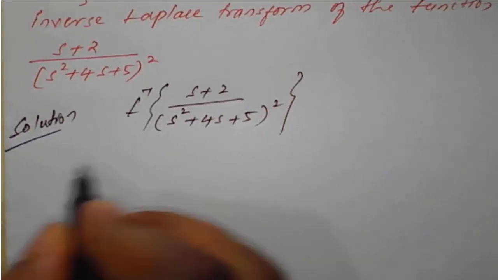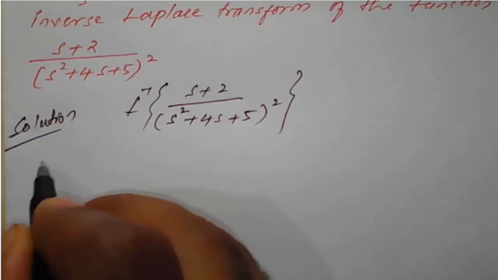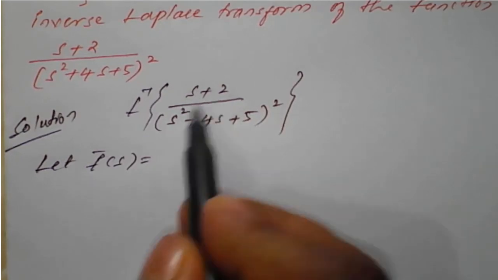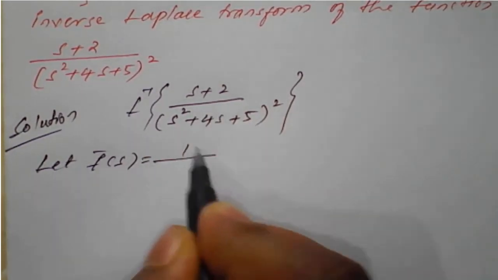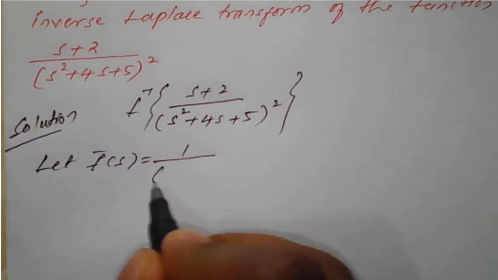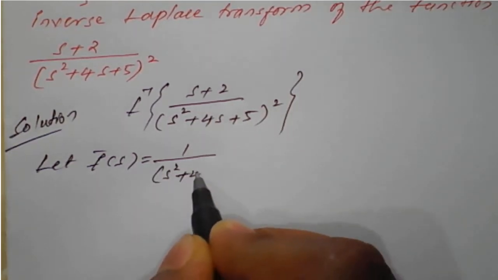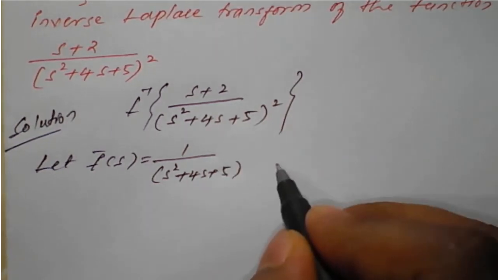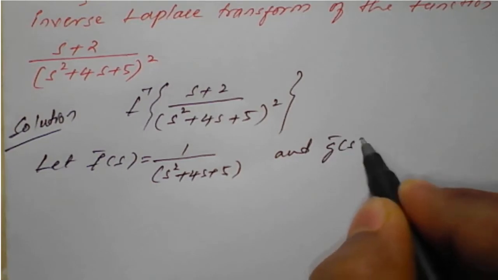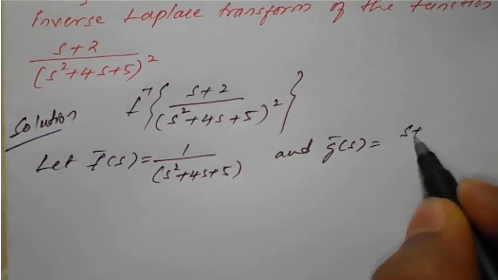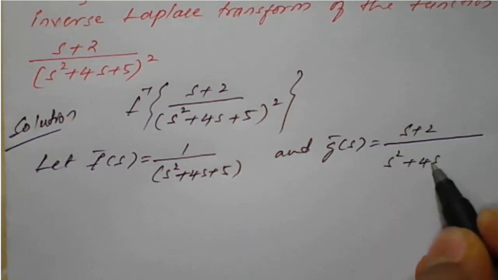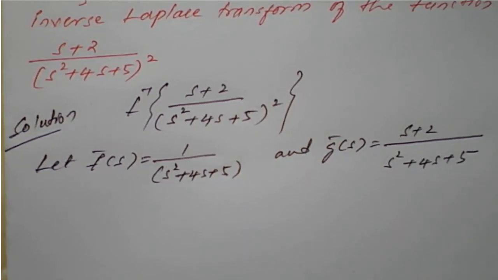To apply the convolution theorem, we need to first choose F'(s). Among this I will take 1 upon (s² + 4s + 5), one time, and G'(s) I will choose as (s + 2) divided by (s² + 4s + 5).